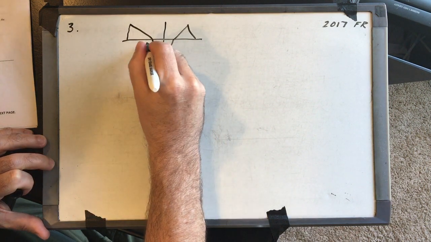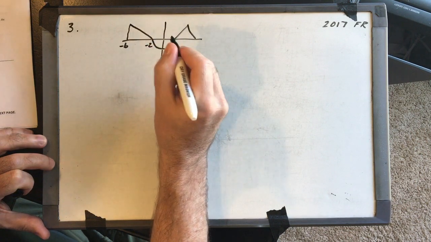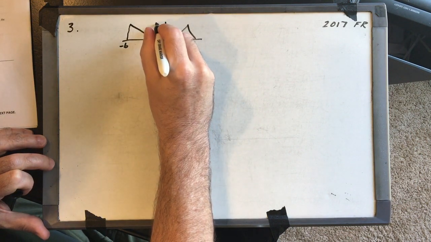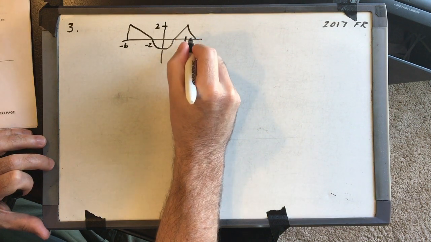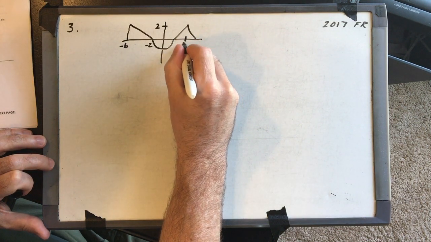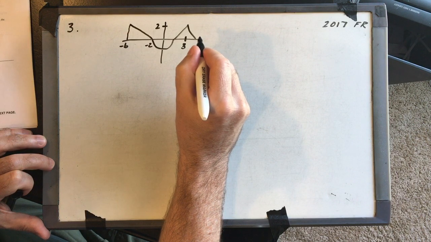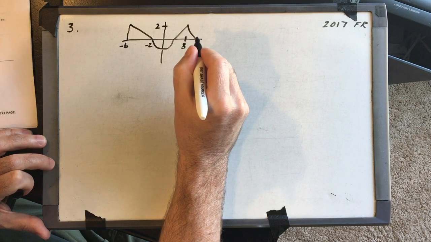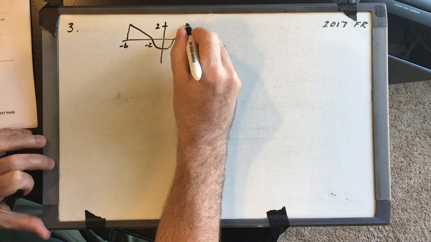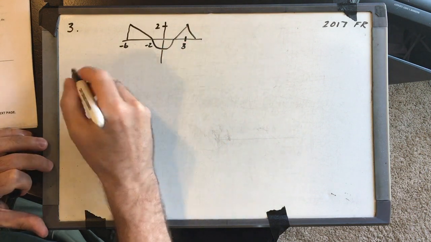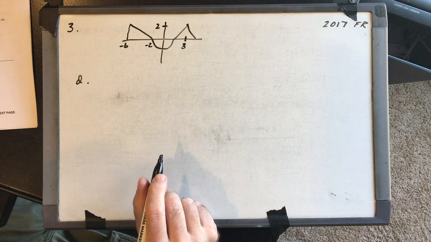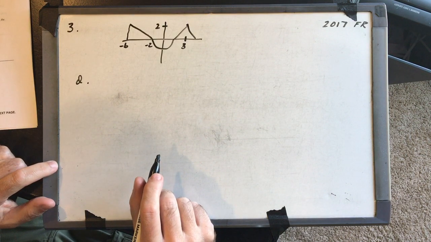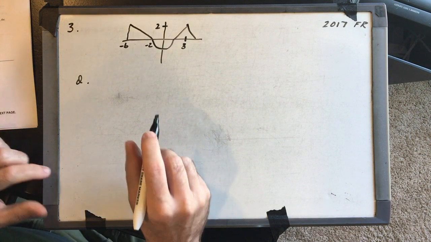So we know that this is -2, this is -6, that height is 2, and 3 is right there at x equals 3. So part D says for each f double prime of -5 or f double prime of 3, find the value and explain why it does or does not exist.